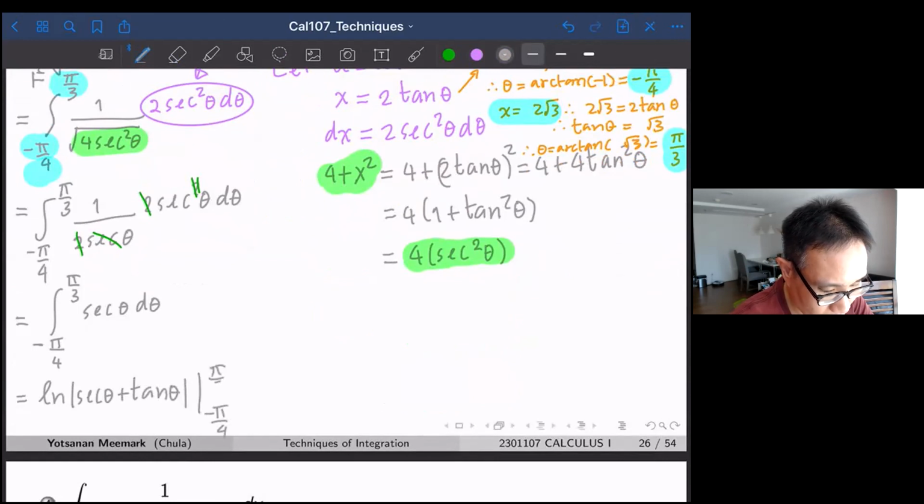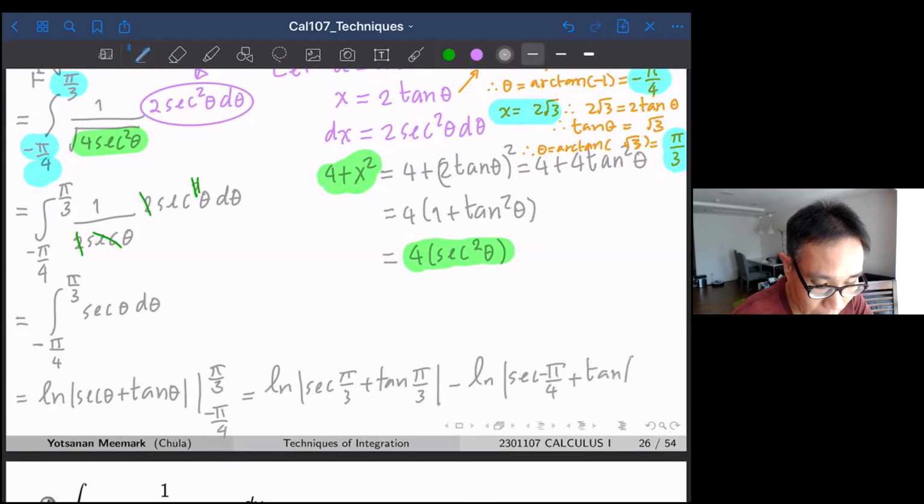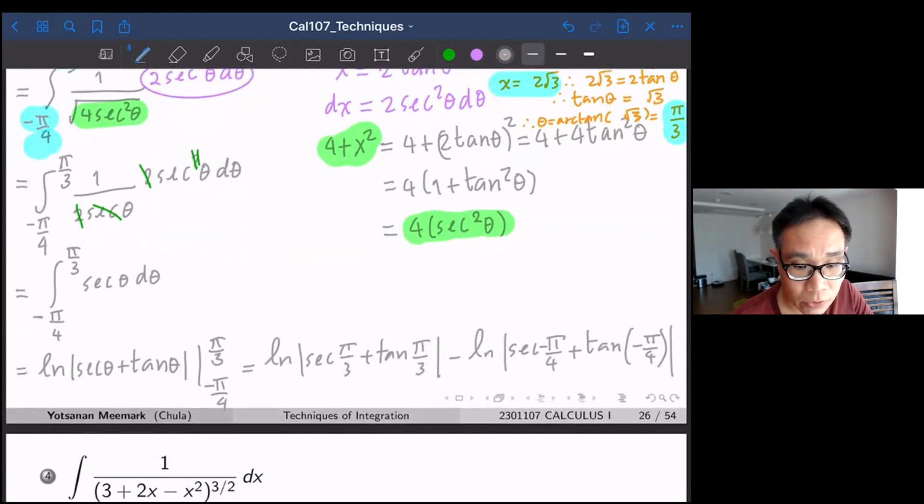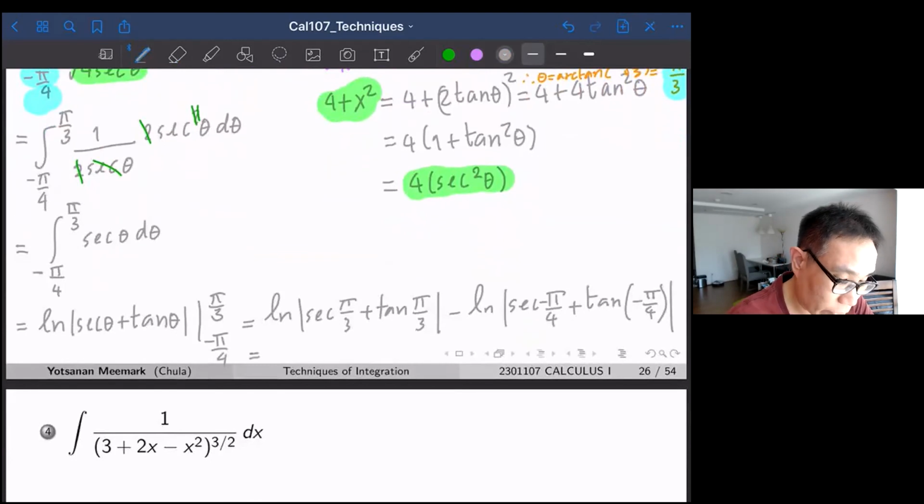From -pi/4 to pi/3, and this one will be log absolute value of sec pi over 3 plus tan pi over 3 minus log absolute value of sec pi over 4 plus tan negative pi over 4. Okay, and you're going to find the numbers for me. So sec pi over 3 is equal to 2.